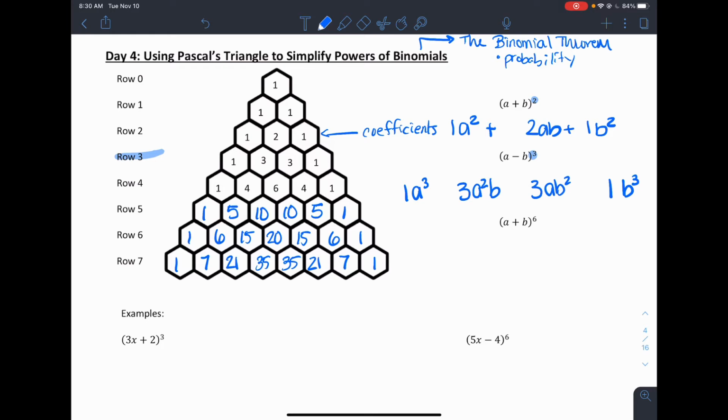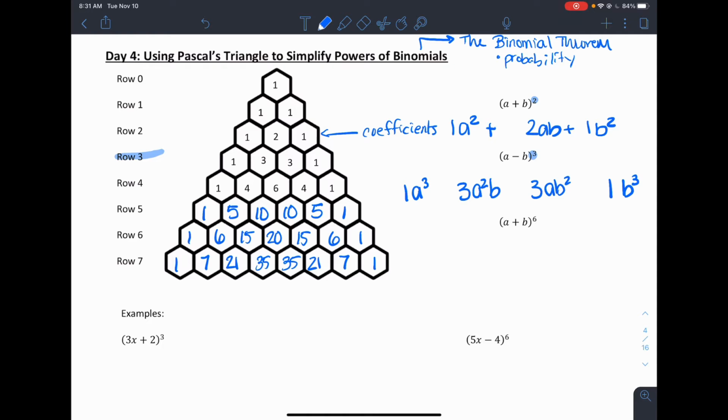Now, a cubed, a squared, a, no a at all. It's counting down as we progress, and b does the opposite. No b, b, b squared, b to the third. So it just flip-flops. And you'll see that a cubed, a squared b, that's a total exponent of 3. A b squared, that's a total exponent of 3. And b cubed, that's a total exponent of 3.